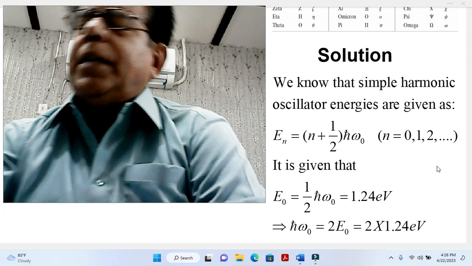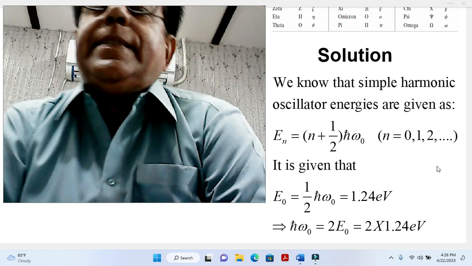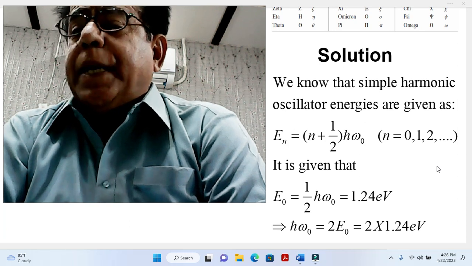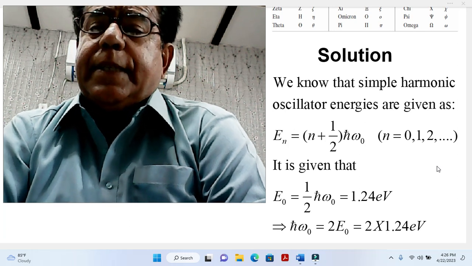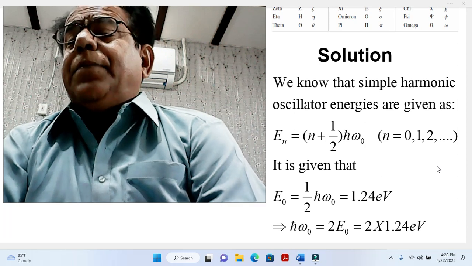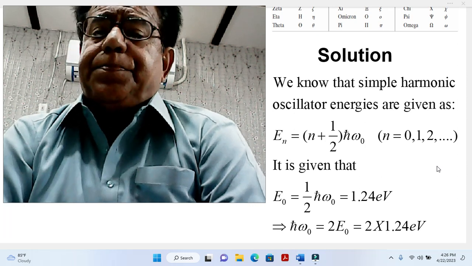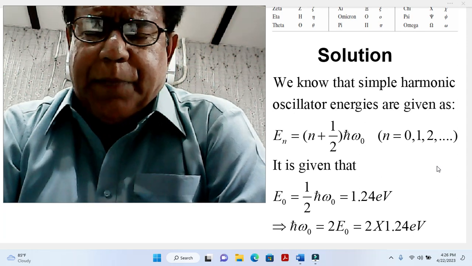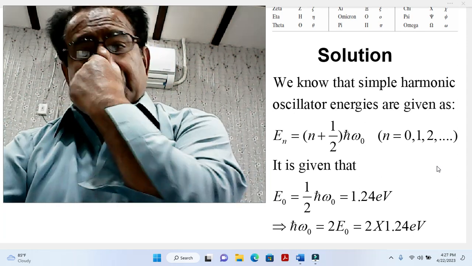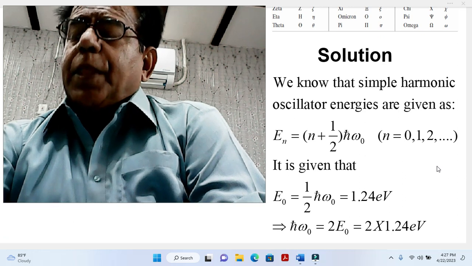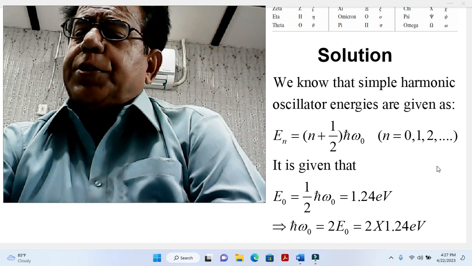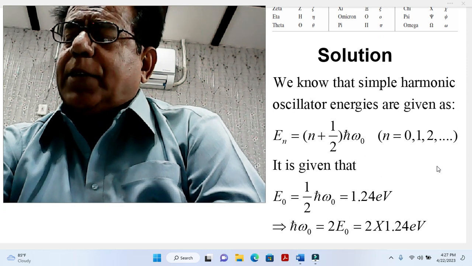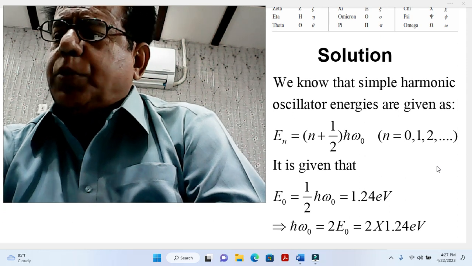The only difference between these two versions is that in one, simply omega has been used as the oscillation angular frequency, while in the other, omega naught has been used. It does not make much difference.